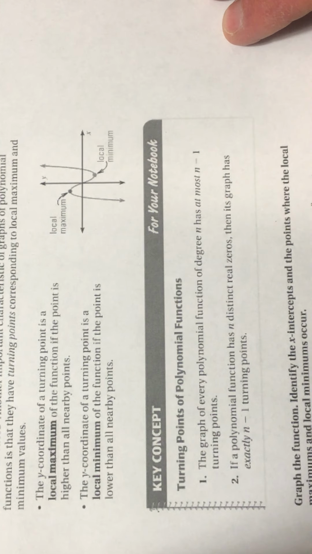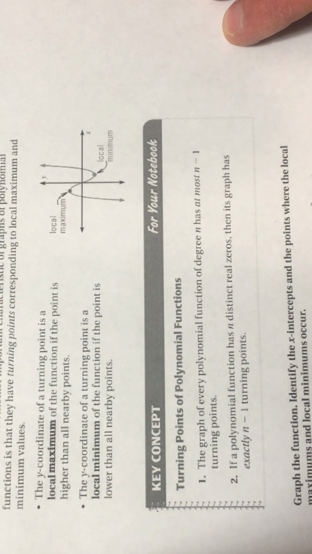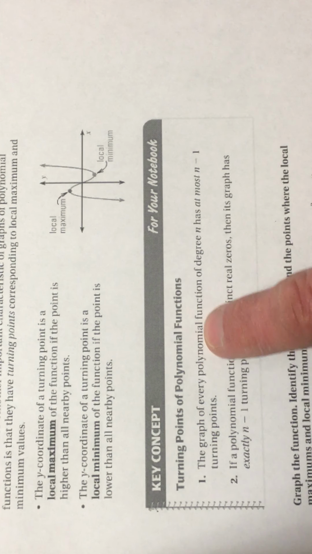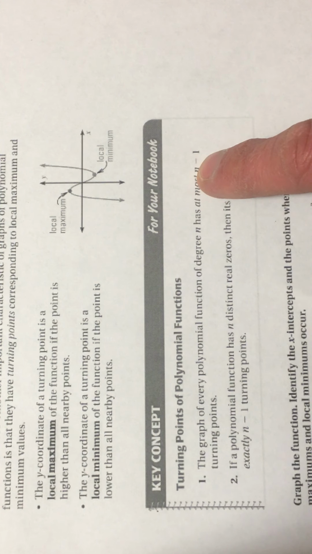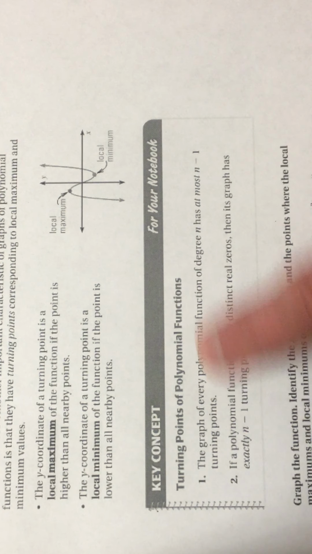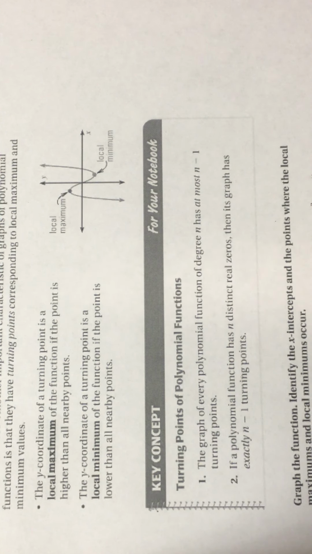Here is a little box for you to remember. The graph of every polynomial function of degree n, so let's say fifth degree, n is 5, has at most 5 minus 1 turning points. So a fifth degree could turn at most only 4 times.